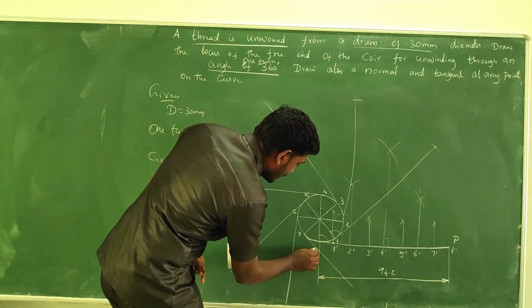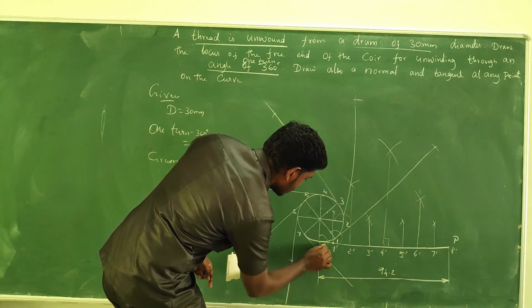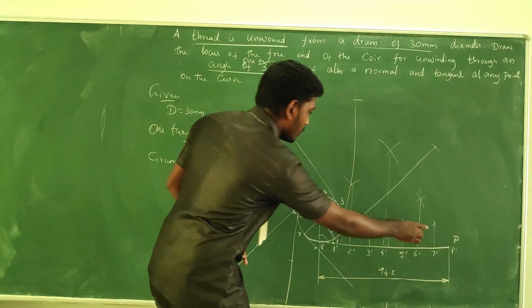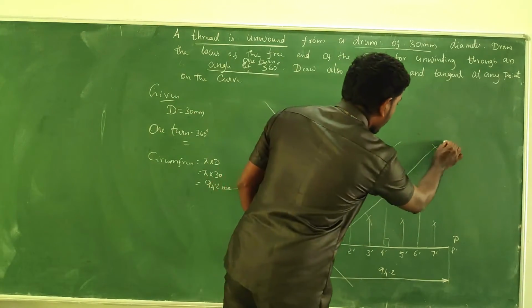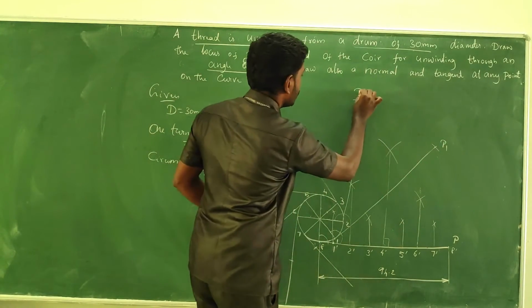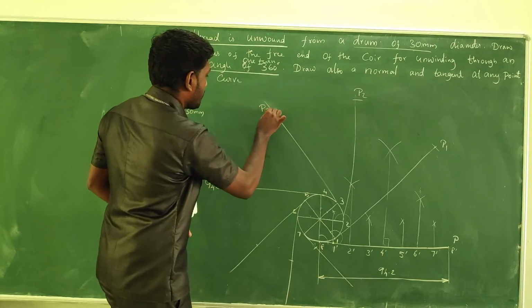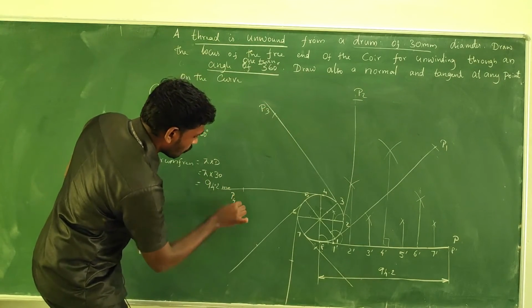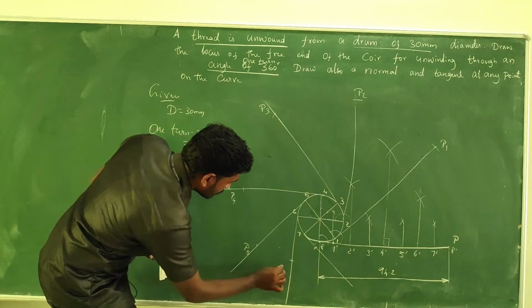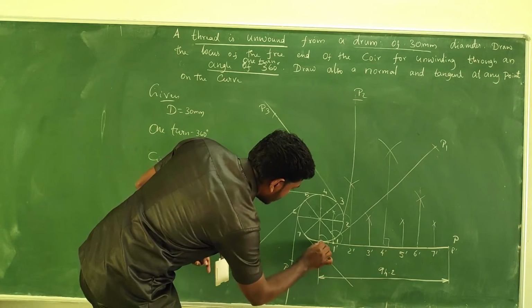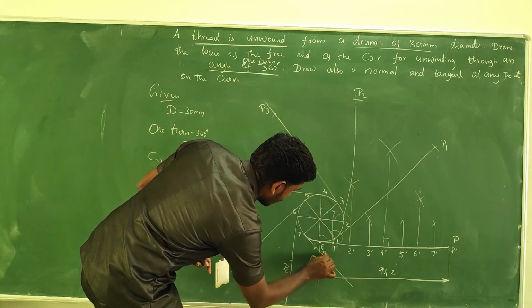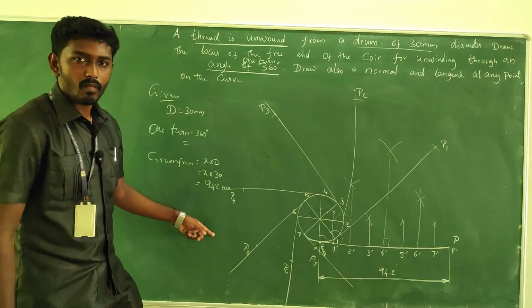So this is the 8 point, so it remains in the same place. So this is P1, this is P2, this is P3, this is P4, this is P5, this is P6, this is P7, and here is P8, right?